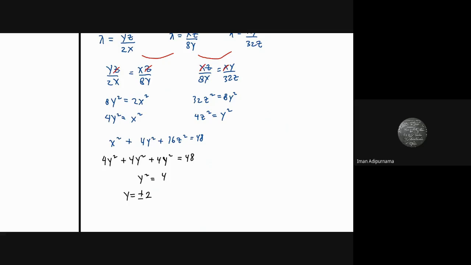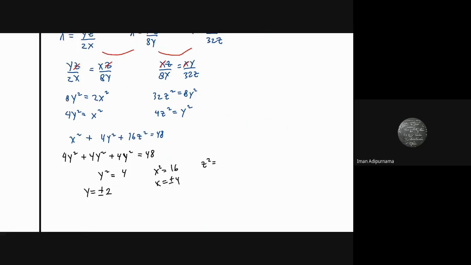Okay. And now we have different x, y, z, right? Because we have plus or minus.